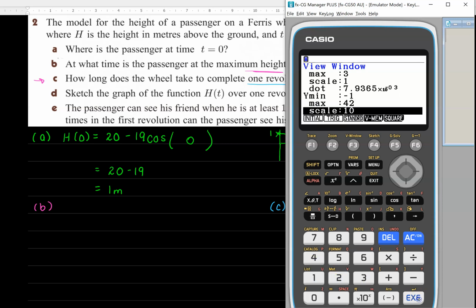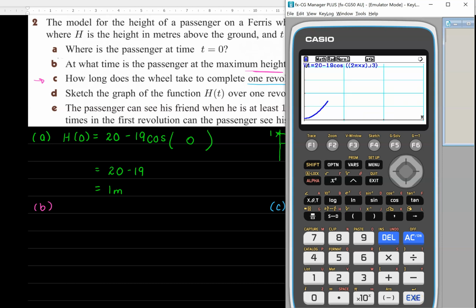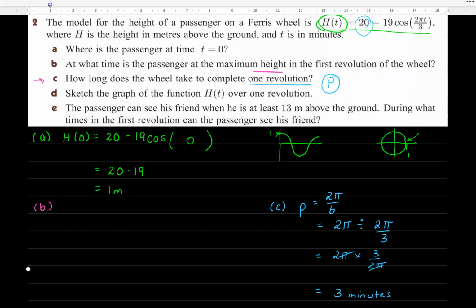I'm going to go 42. Okay, and there we go. All right, so now coming back to B, at what time is the passenger at a maximum height? Because we've got this, now we can just say G-solve, max. So at what time? 1.5, so 1.5 minutes, and the maximum height is 39.